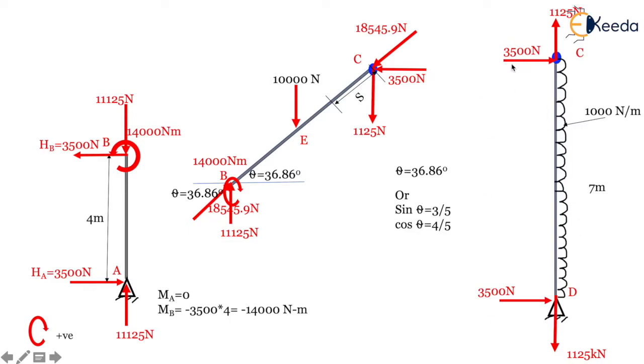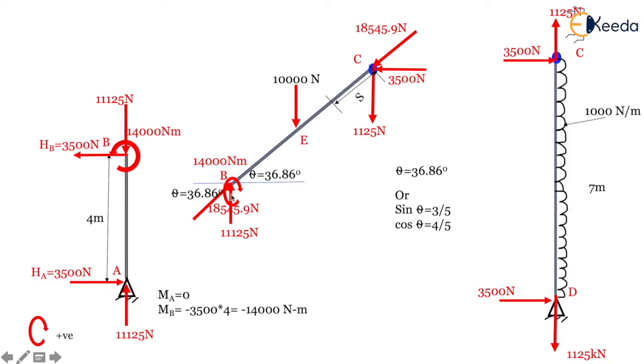Now to oppose this 3500, at this point there will be an equal and opposite 3500 load here. Now we can see that there is a vertical force 11,125. To balance that, when we take an inclined member, taking the angle over here, along this line it will become 18,545.